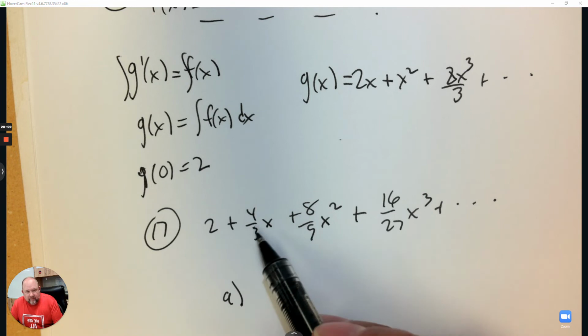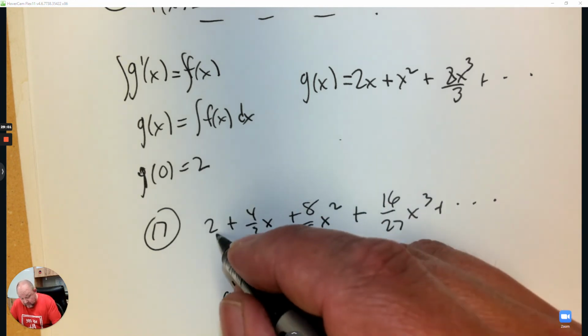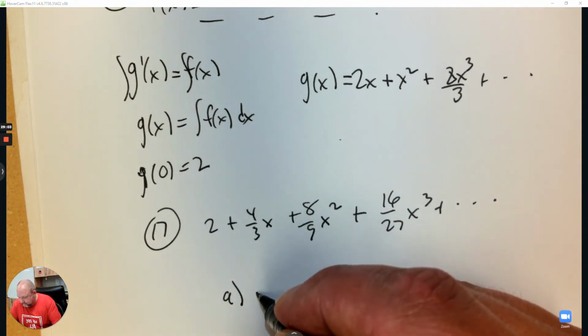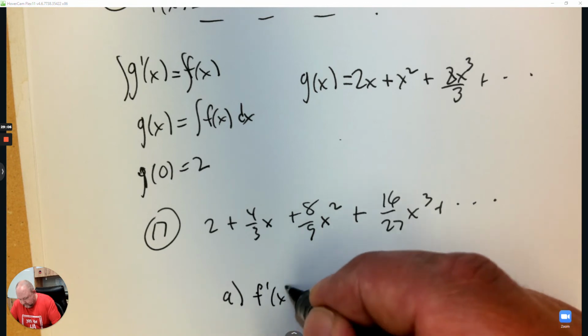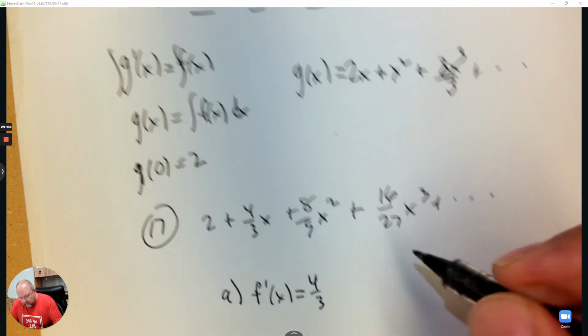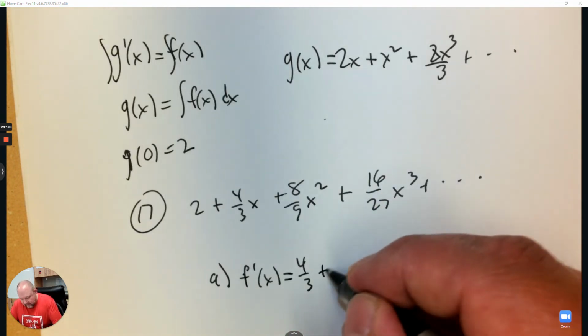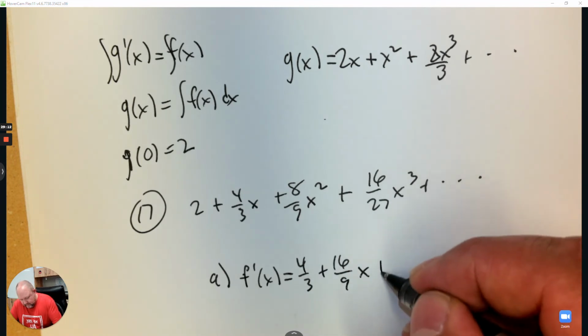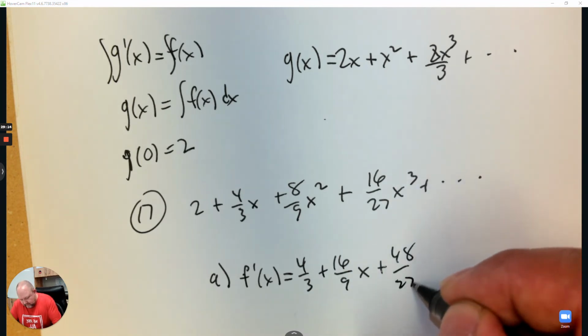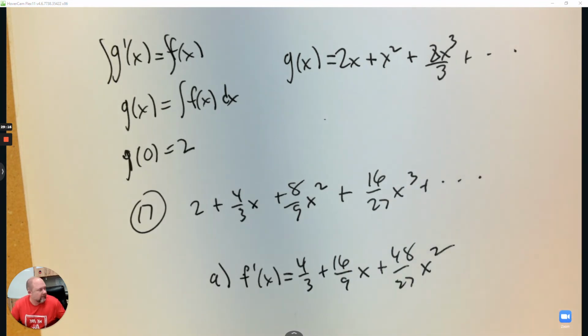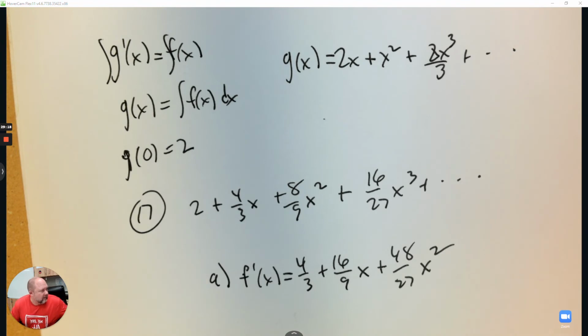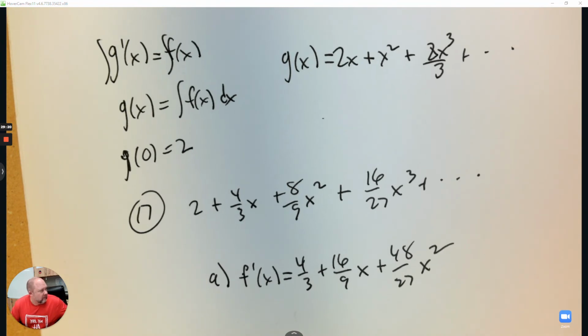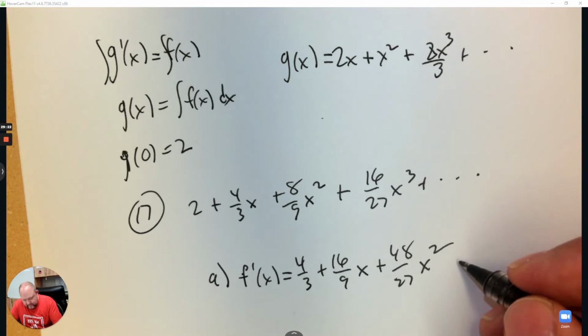So the derivative of 4 over 3x is, well, 2 is 0. So it's just 4 over 3. That's 16 over 9. That's 48 over 27. And so on.